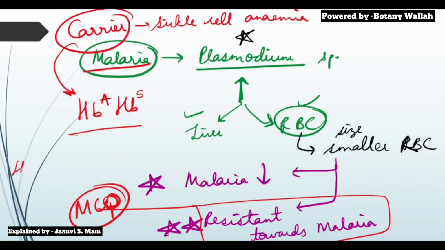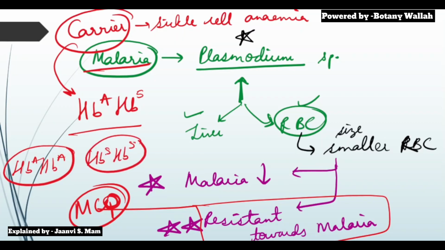Understood? HbA will die of malaria, and HbS will die of sickle cell anemia. I am speaking about a person present at a location where malaria is the biggest disease.